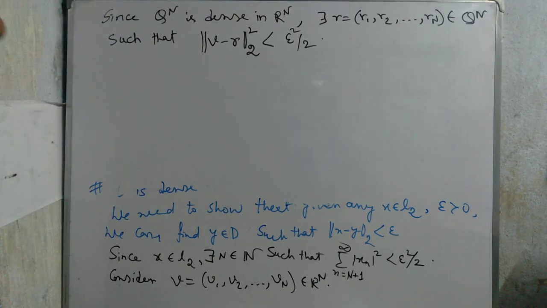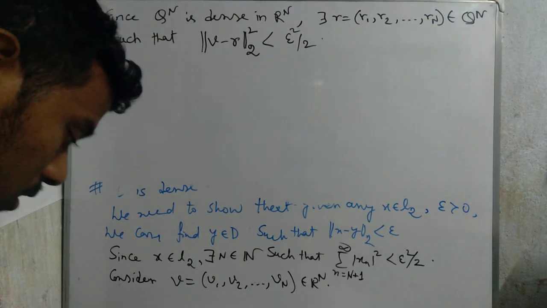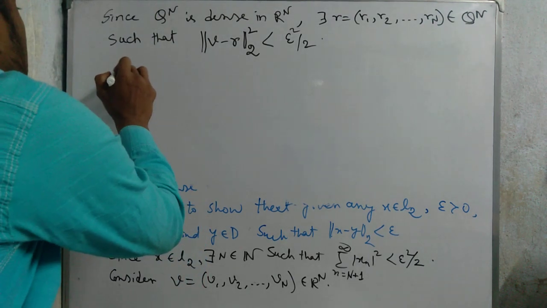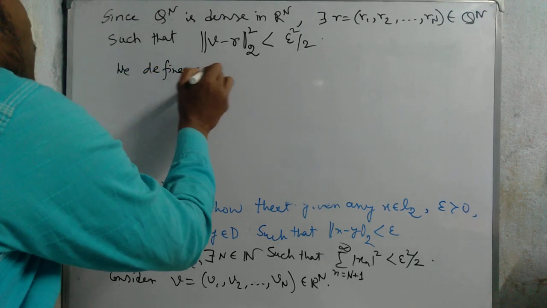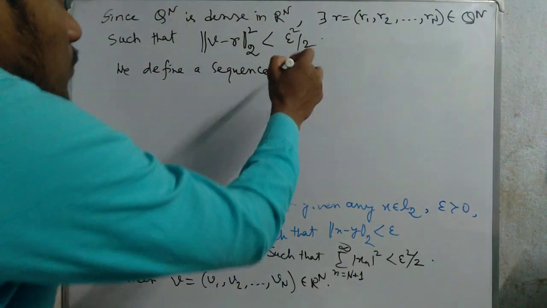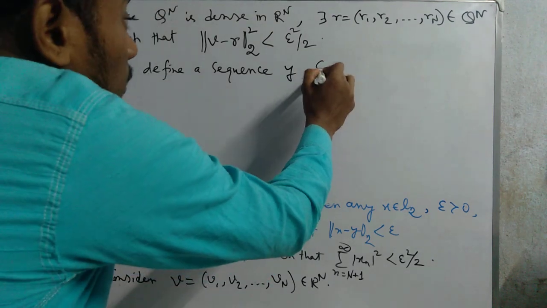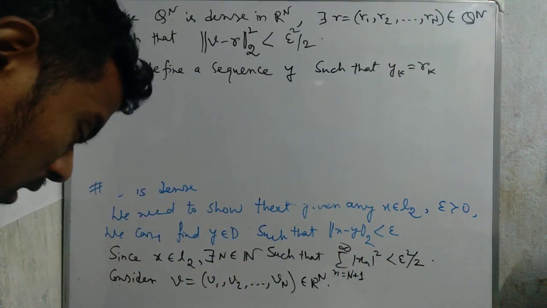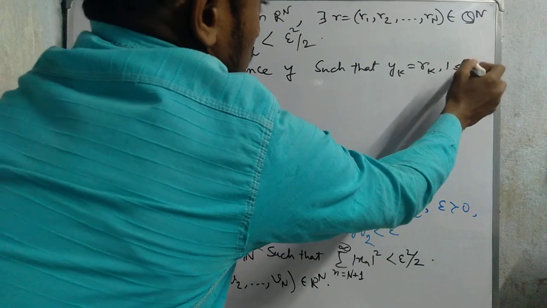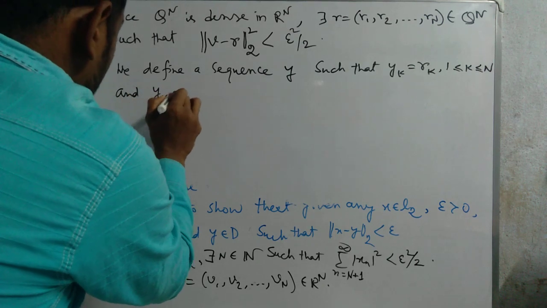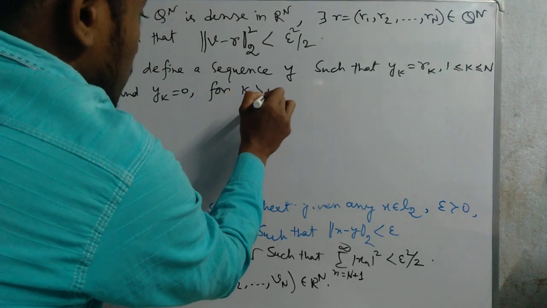Okay, then we think about that r belongs to Qⁿ, and this happens since Qⁿ is dense in Rⁿ. Now we define a sequence y such that yk equals rk for 1 ≤ k ≤ n, and yk equals 0 for k greater than n.